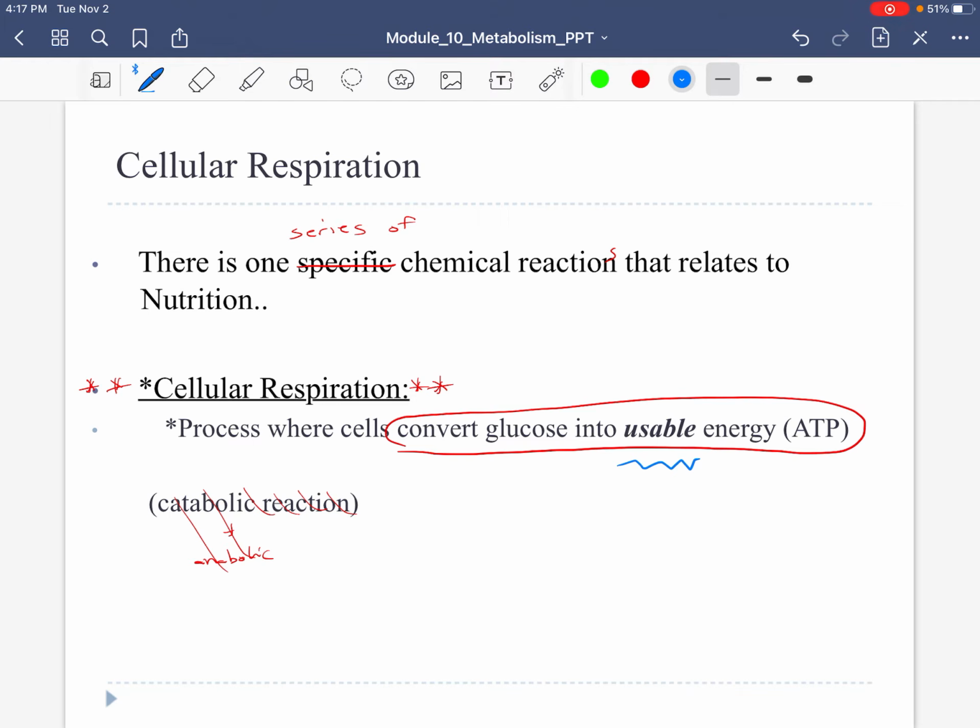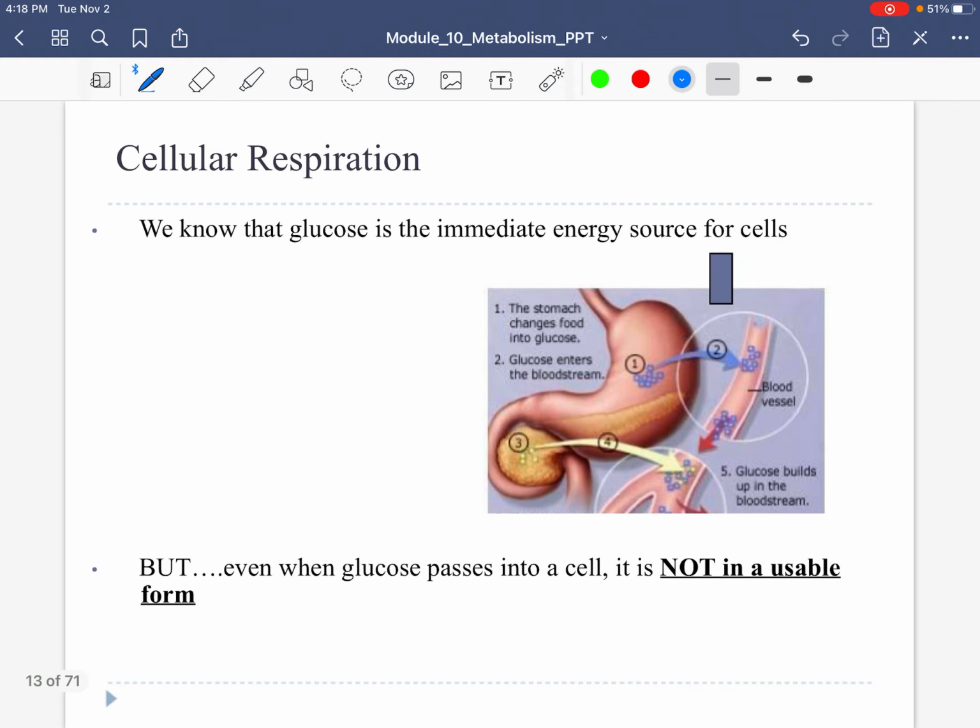So while our cells love glucose for fuel, your cells have to convert the glucose into something that's usable. And this happens every day, all day. Your cells are converting glucose into ATP, because ATP is the usable energy source. And these series of chemical reactions together collectively is called cellular respiration.